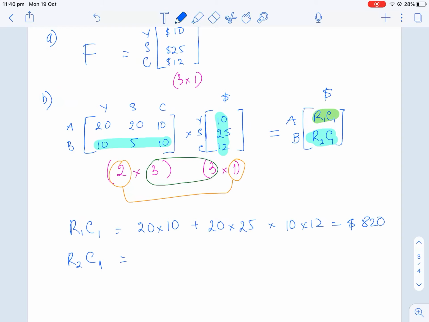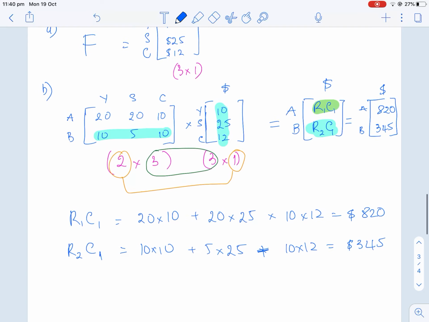So it's equal to 10 times 10 plus 5 times 25 plus 10 times 12, equals 100 plus 125 plus 120, so 345. So the final answer is that shop A has $820 total cost. Shop B is $345. The dollar sign goes here. There you go. So we're done with this example.